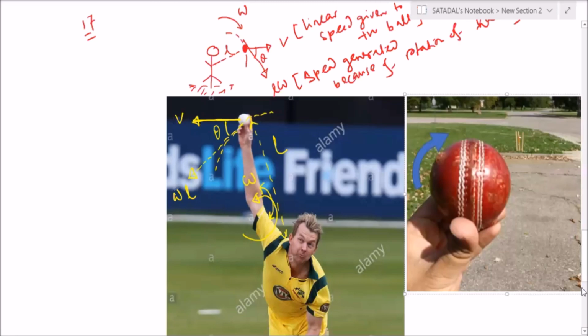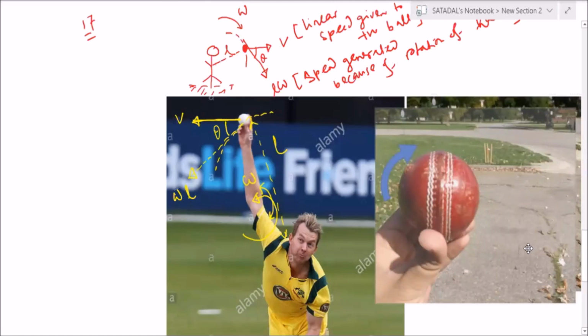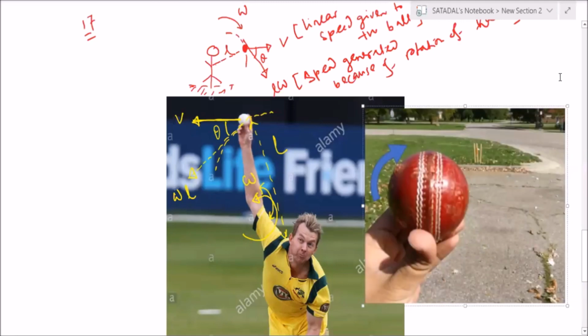That will give a better understanding. You see now what happens to the ball? The linear speed is given in that direction. This is velocity V. And because of this rotation of the arm and the finger getting curled, the ball gets a twist around the seam.